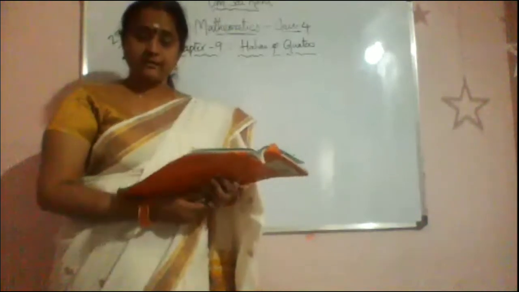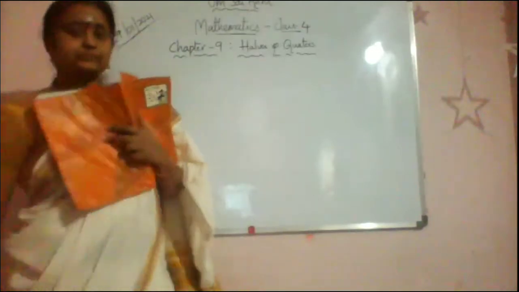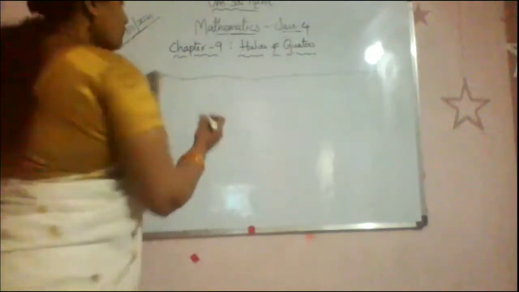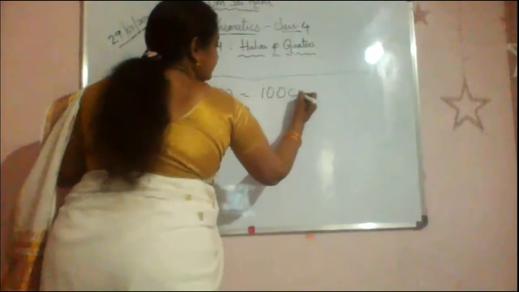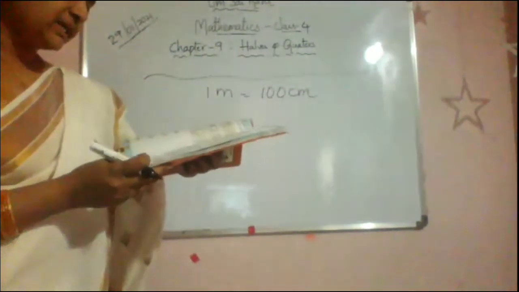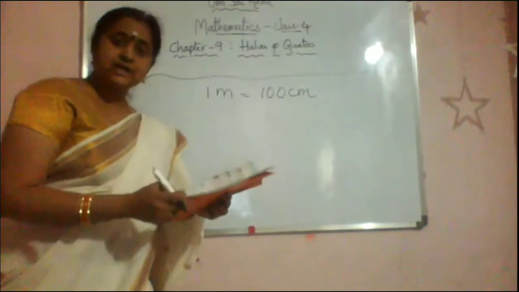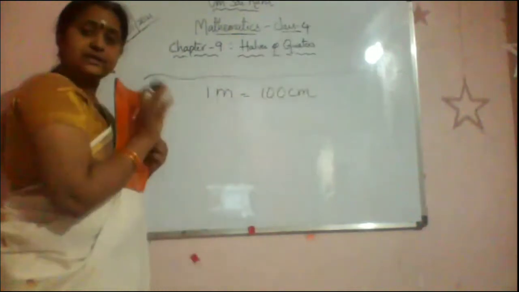On this string, mark the length half meter. Suppose that this is the string you have. So we know clearly that 1 meter equals 100 centimeters. Now what we have to do on this string, mark the length of half meter. Suppose that this is a 100 centimeter string.